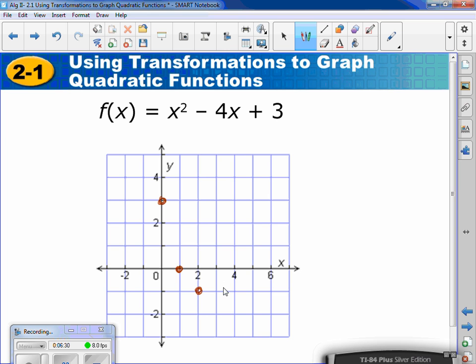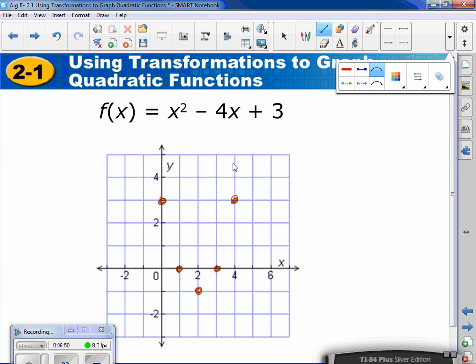The next one is 3, 0. And our last one is 4, 3. Now, notice the points I gave you make a perfect U. I could draw a U through here. It's not a V, it's technically a U. The V we'll get to later on in the year.